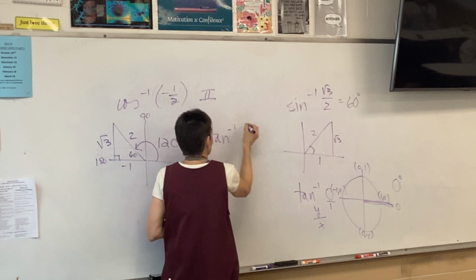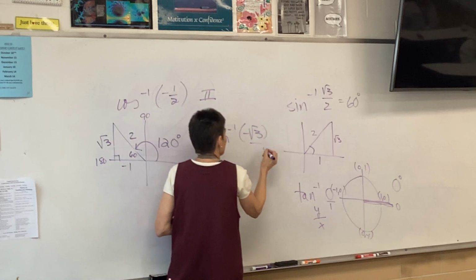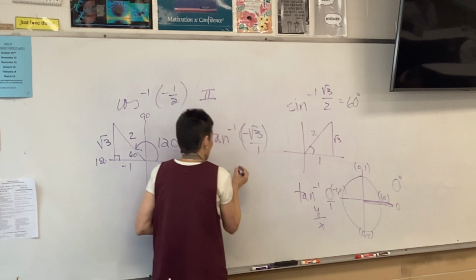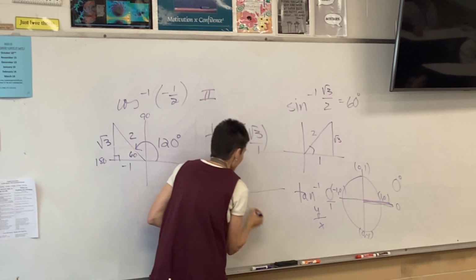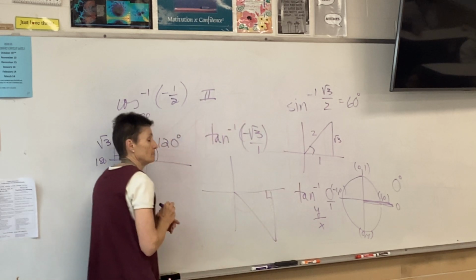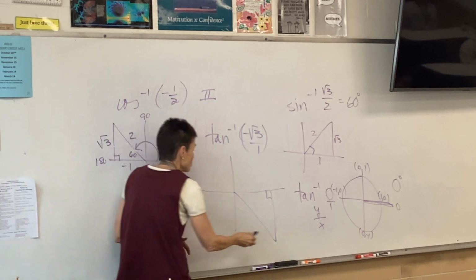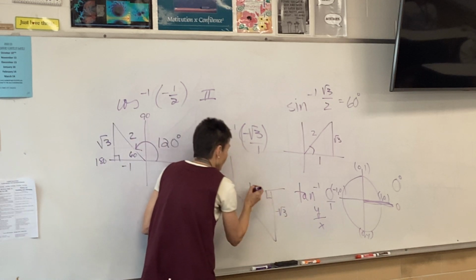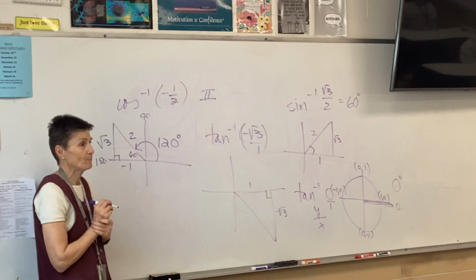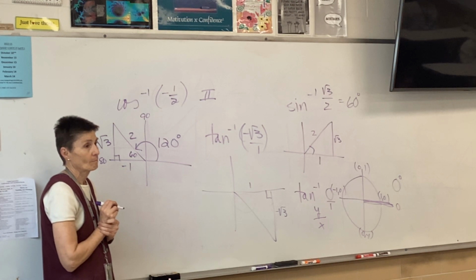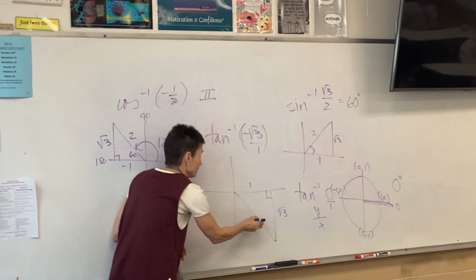Tangent. Negative root 3, I'm gonna put that over 1. I like that, over 1. This one will be in quadrant 4. The tangent, opposite over adjacent, does that work for you? Hypotenuse is 2.